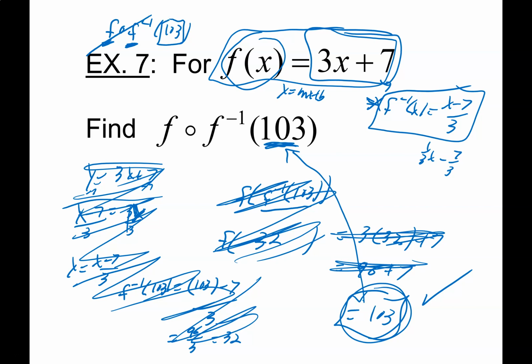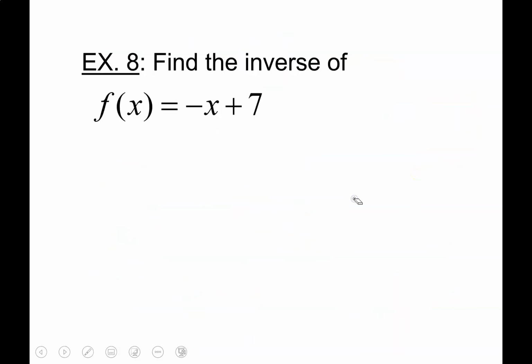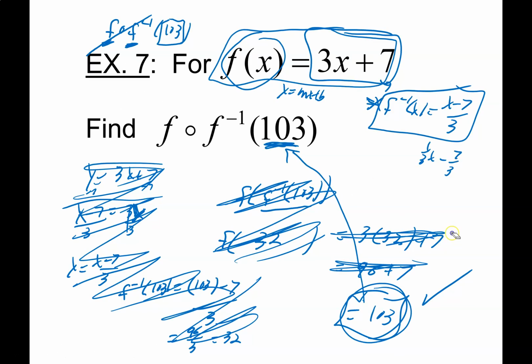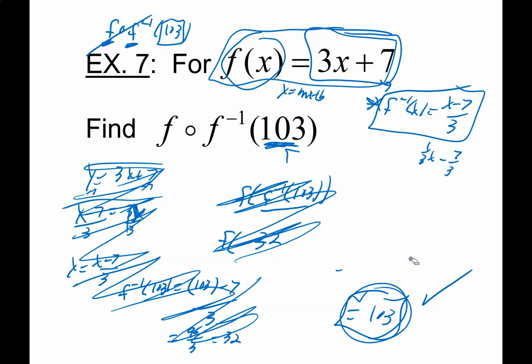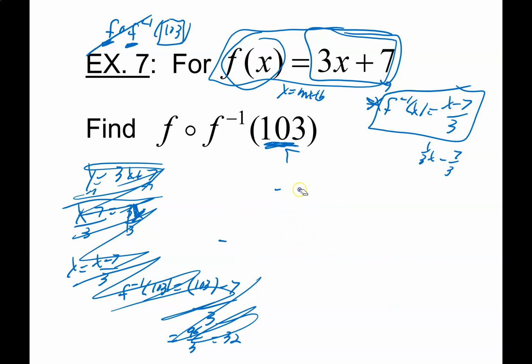So if I wanted to do something like this, I could give you some function g of x. I don't even have to know what g of x is. Let's say g of x equals blah, blah, blah. I don't care.